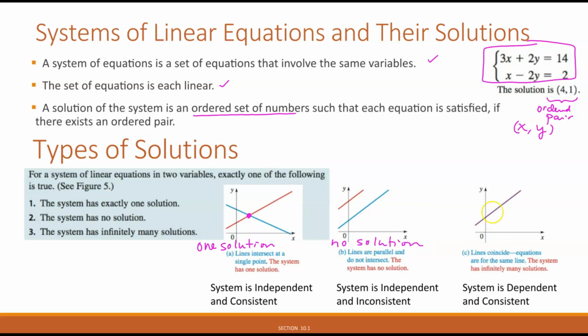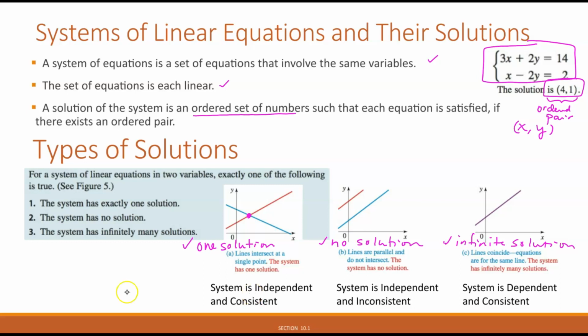If I graphed the first line and then the second line fell right on top of the first line, then we would have infinite solutions. So when we solve, we're either going to get one solution, as in the case of our example, no solution, or infinite solutions, and we'll be looking at all three cases.